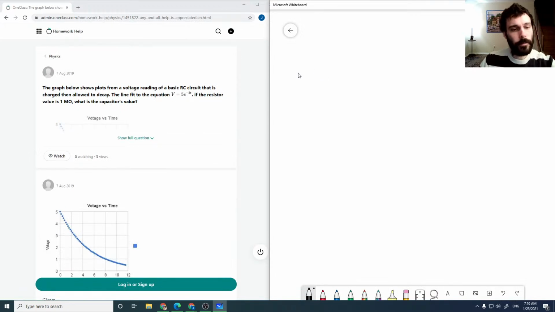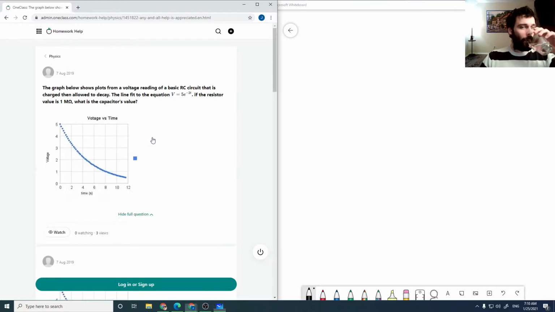So we've got a plot for an RC circuit here, and it's obviously discharging.